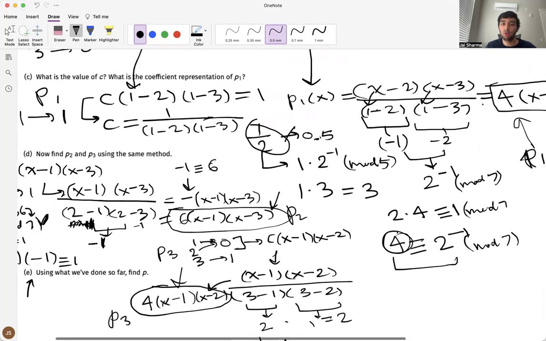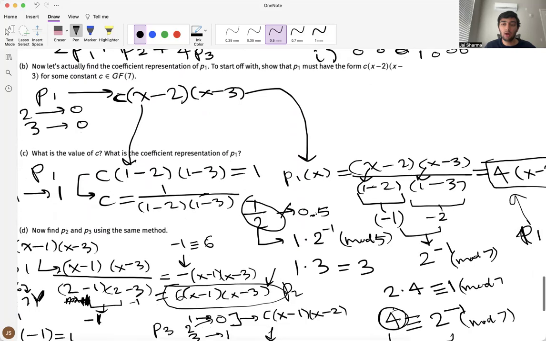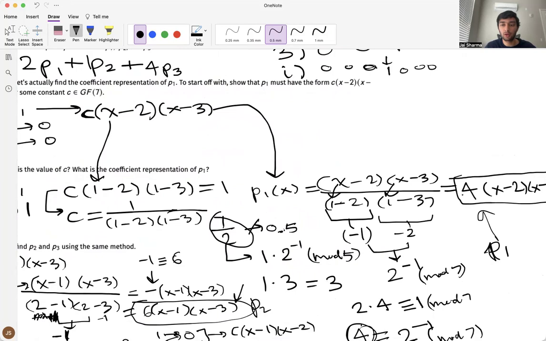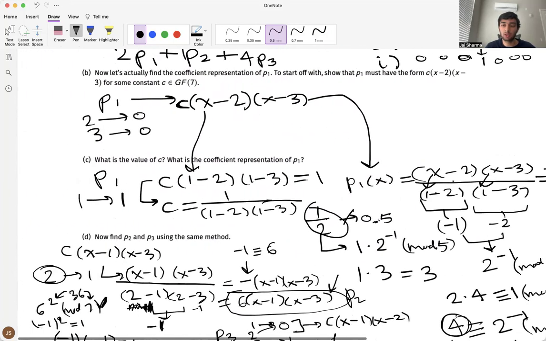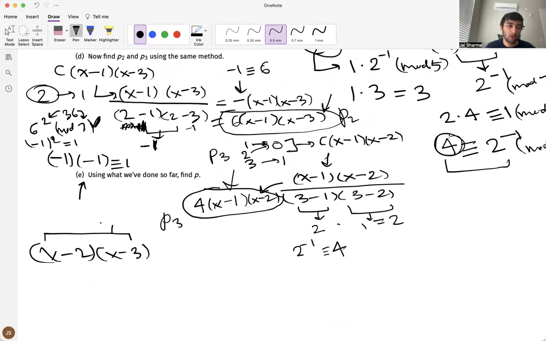The thing is, we need to also multiply P1. Remember, we need to multiply P1 by 2, right? And remember, that's the same as if we do 2P1, we have this 2, and we have this 4 over here, right? 2 times 4 is 8, but mod 7, that's 1. So we can just have this x minus 2 times x minus 3. So we get x minus 2 times x minus 3. That's the P1 part of it. Actually, it's 2P1, which was what we wrote initially.